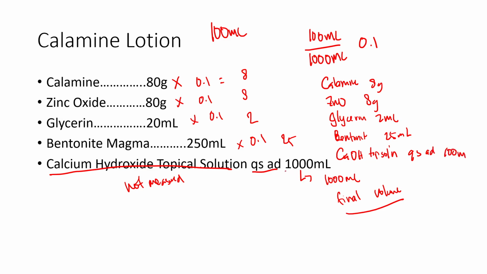You're not going to multiply the final value by the factor. Instead, you're going to simply rewrite the final value or the final ingredient as your desired amount. Although if you multiply them, you will get the same amount. So that is for recipes that contain QS add.